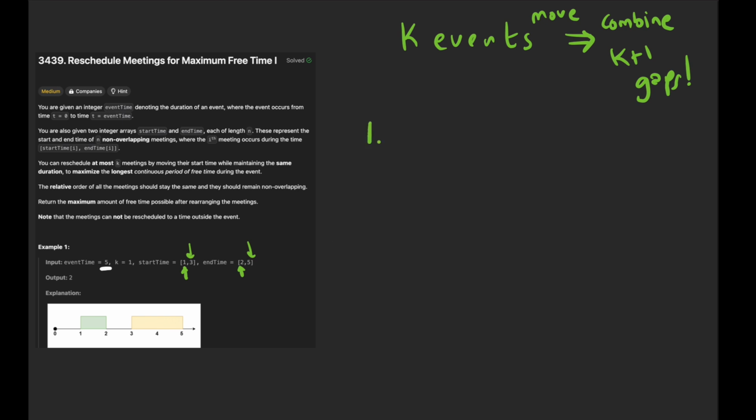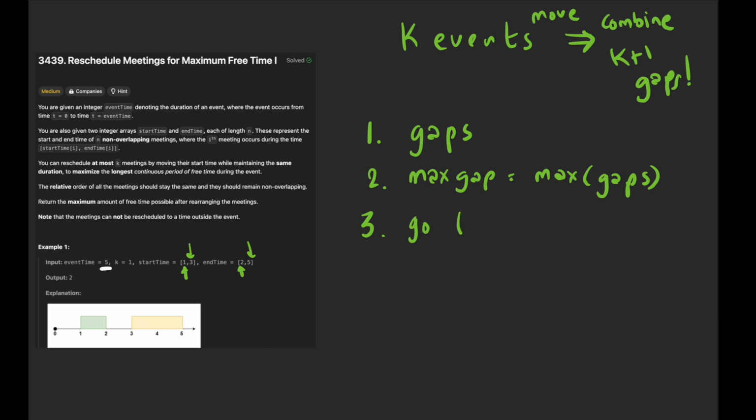We have to accumulate all the gaps first. Then we will initialize our max gap variable as the maximum gap available in the current scenario without moving any of the events. Then we can go through each gap and use a sliding window here, a sliding window of size k plus 1.